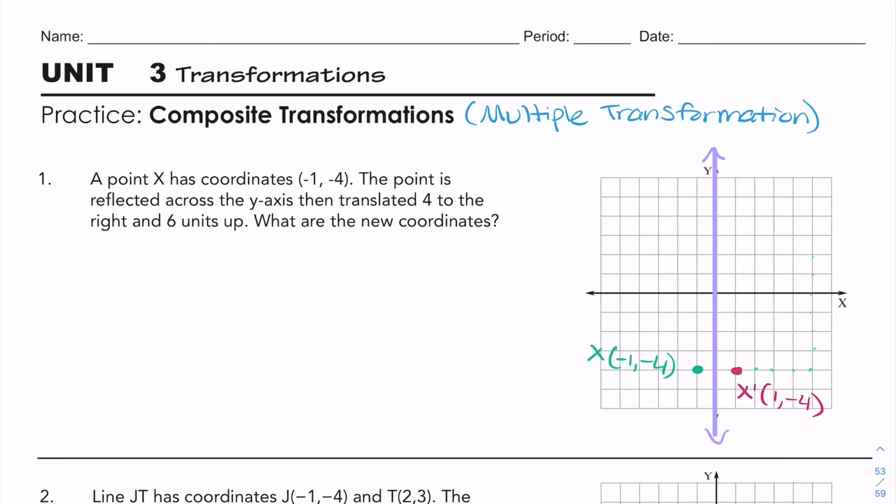So my final result is going to be right here, and that is X double prime, which is 5, 2. So X double prime is at 5, 2.